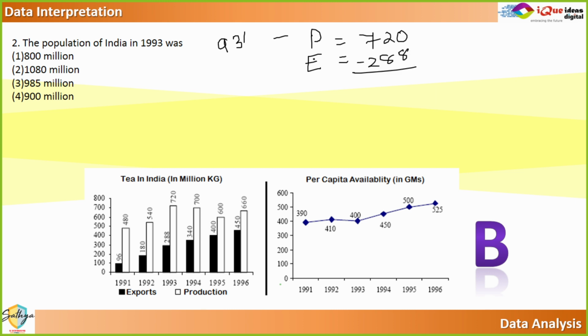If you remove export from production, you will get how much is locally left, which is 432. Right? 432. Did you understand it? Kush, don't worry about it. What's important is that you understand. Did you understand up to here?